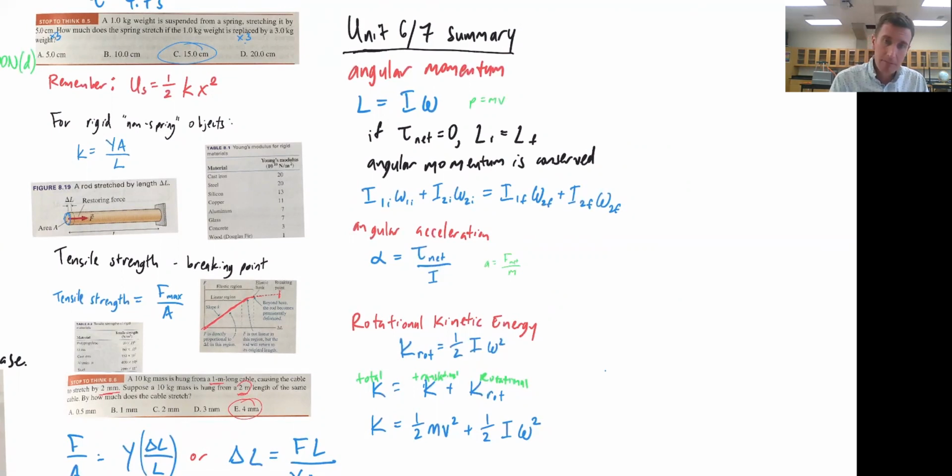Now might be a good time to go back, remind yourself, oh yeah, those problems are now relevant because now I know what I and omega actually mean and how to work with them. All right. With that, we're going to do a few practice problems from chapter 8 and have a wonderful rest of your day.